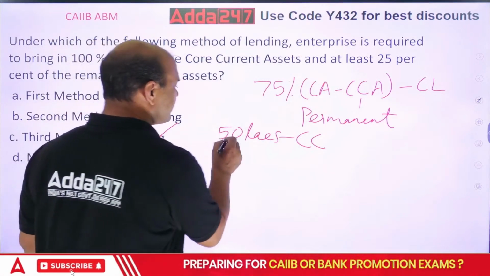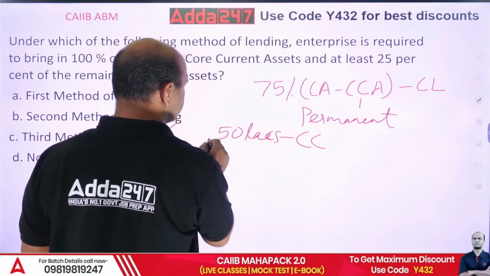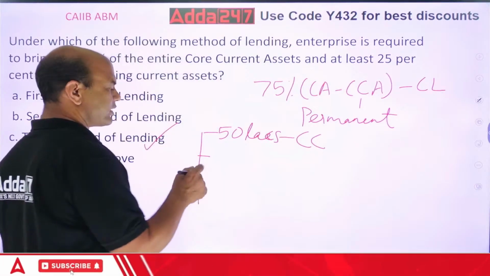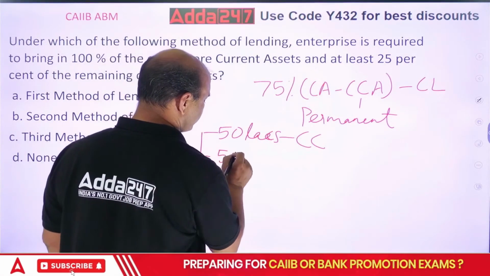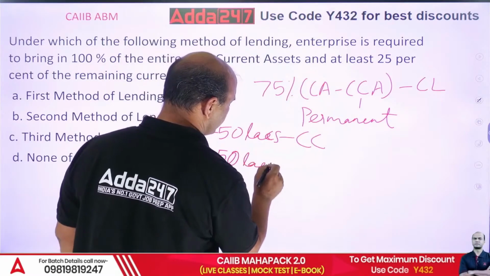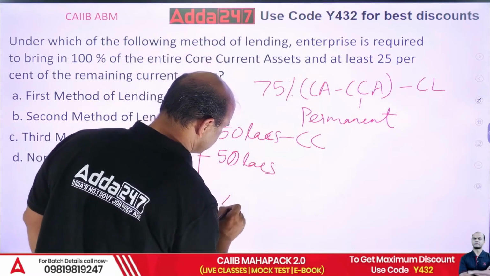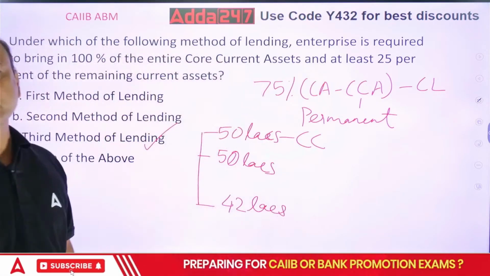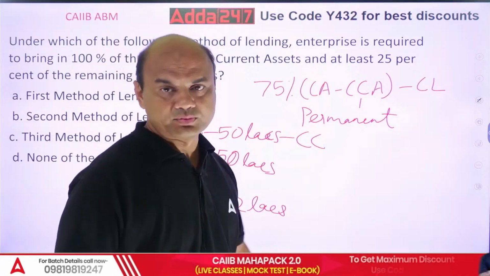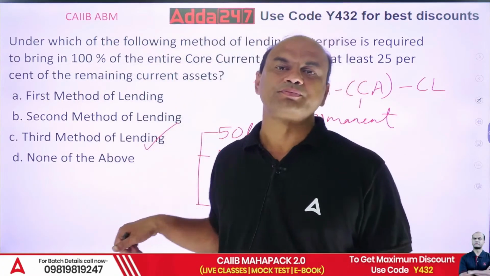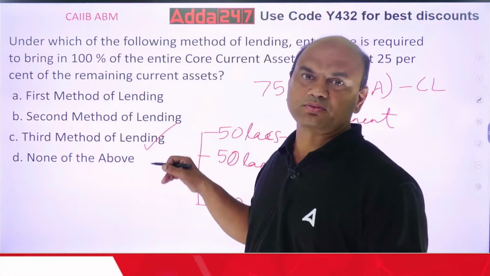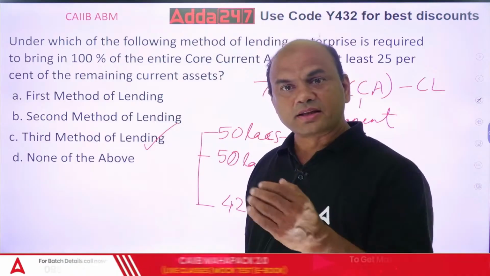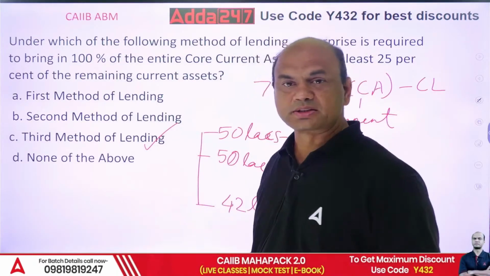This customer's transactions generally move between, let's say, 50 lakhs and 42 lakhs. Every month the transactions of the customer move between this range only, 42 lakhs and 50 lakhs. His transaction never comes down below 42 lakhs.